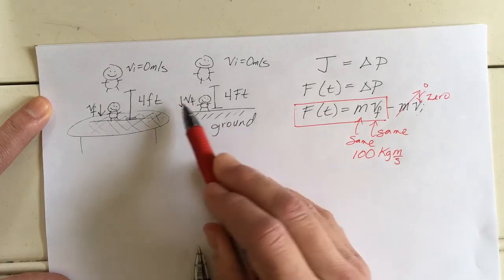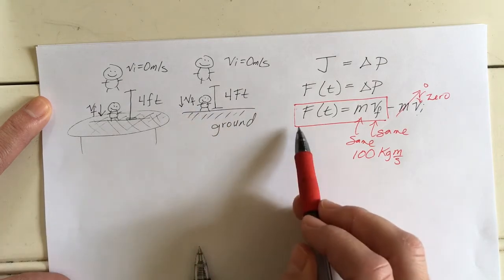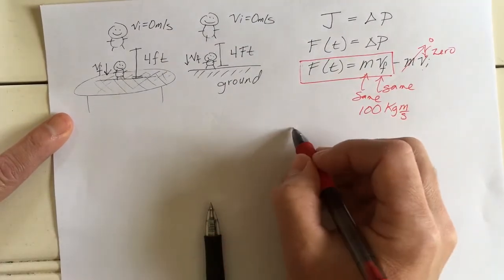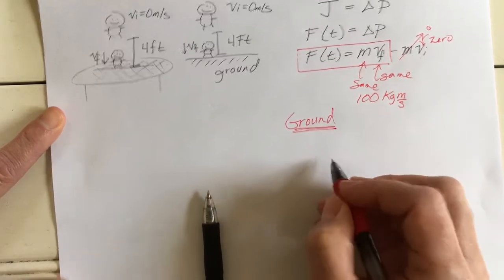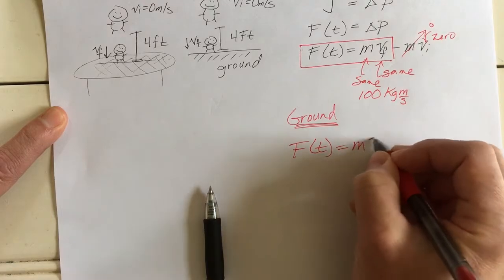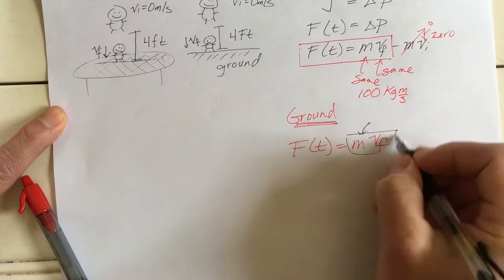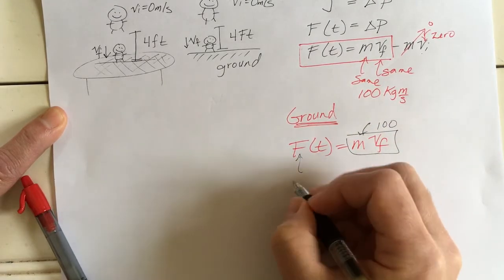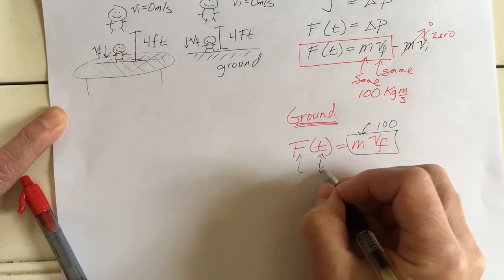Because you have the force of gravity in both cases, which is the same, but you're going to receive a sharp force upwards from the ground that's going to be large. So if I was to write this out, I would say for the ground example that F times T equals MVF, that this quantity still has to be 100, and we know the time that you experience the force on the ground is going to be very small.